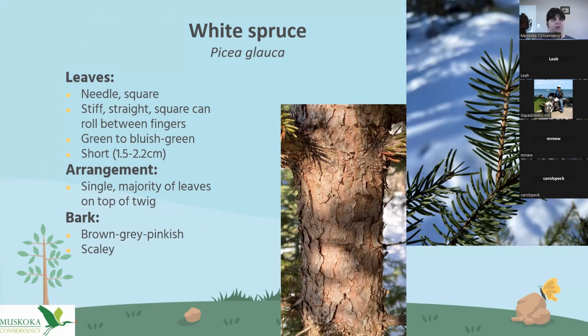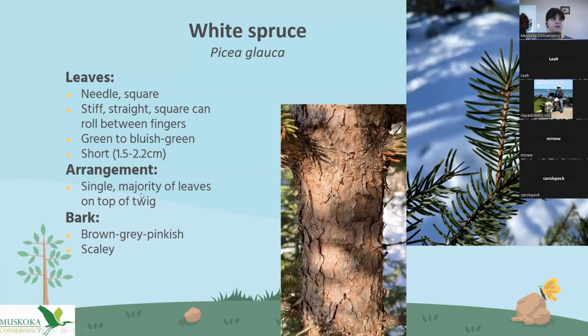You can always pluck one off and see if it does that, to see if it's a spruce, compared to the last two we looked at, the hemlock and the fir, which are flat. So they wouldn't roll if you tried to roll them between your fingers. They're also quite stiff and straight, and they tend to be a green to bluish green color, and quite short as well, around the same length as our balsam fir needles.